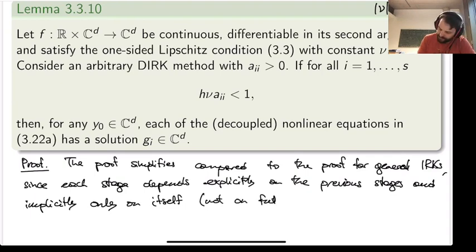So that's the big difference. And thus, for this case, we can write a bit simpler.